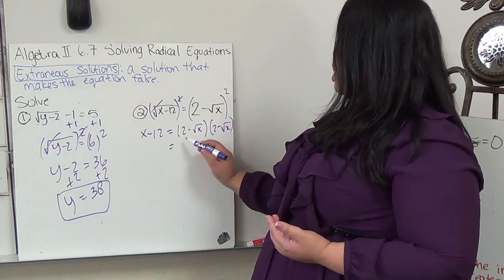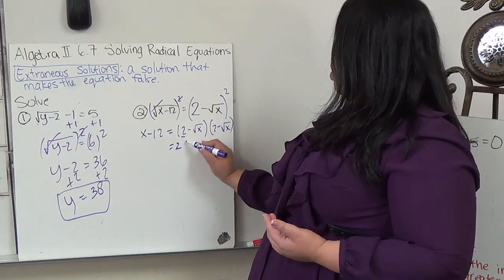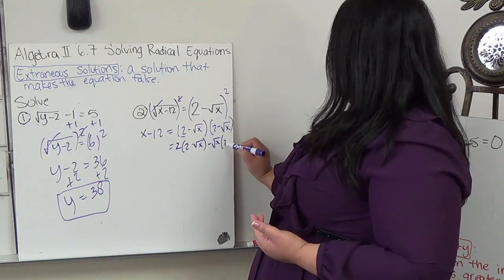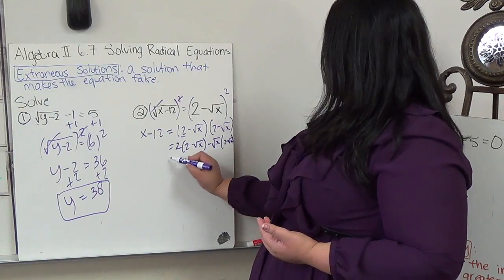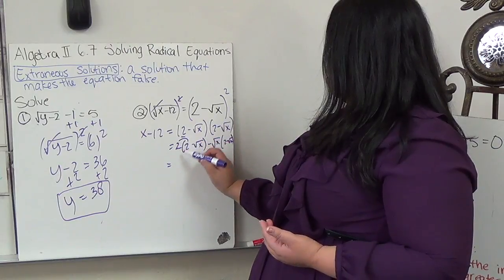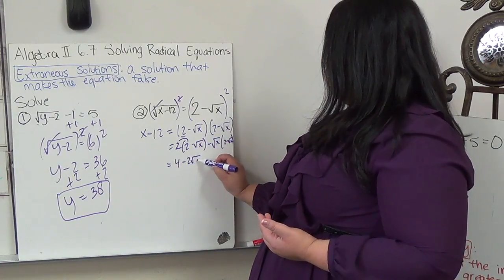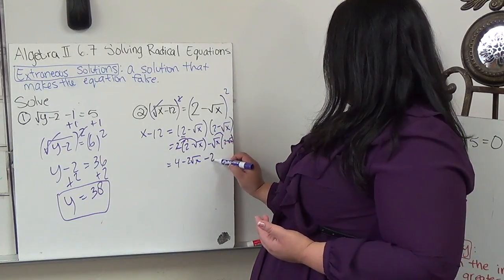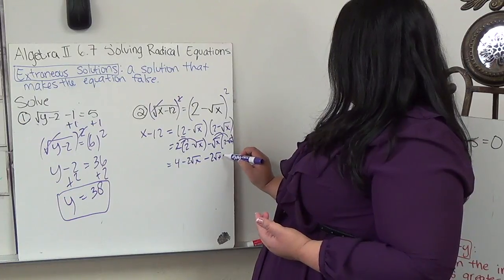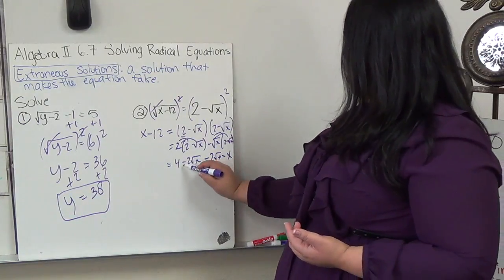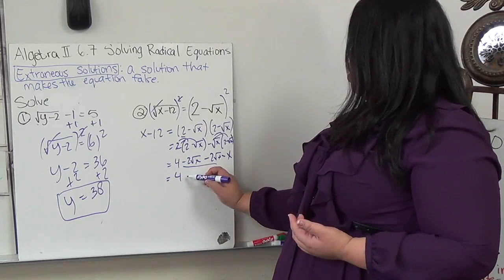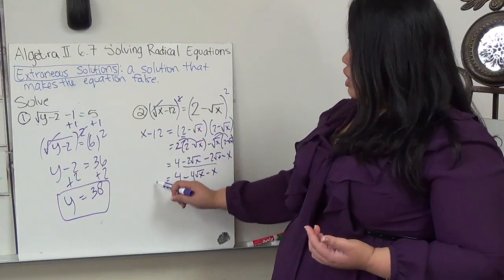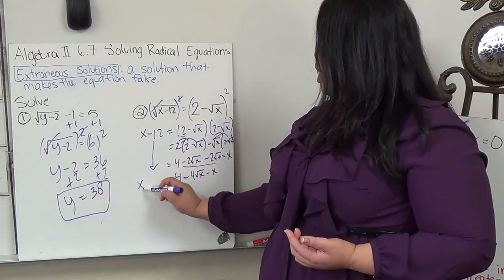So if I'm focusing on just this, this is 2 times the whole thing, because I have to distribute, and then minus square root x times the whole thing. Okay? Which then leads me to 4 minus 2 root x, right? Minus 2 root x, and then minus x. This together becomes 4 minus 4 root x minus x. While on this side, I just bring it straight down, x minus 12.